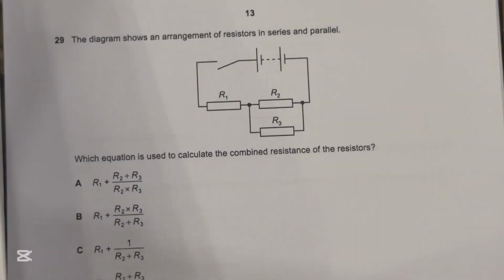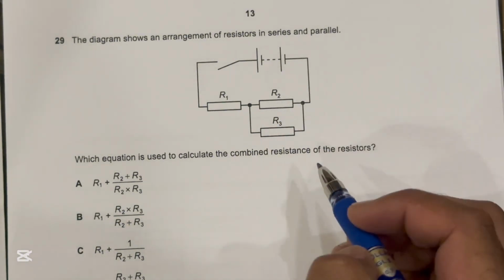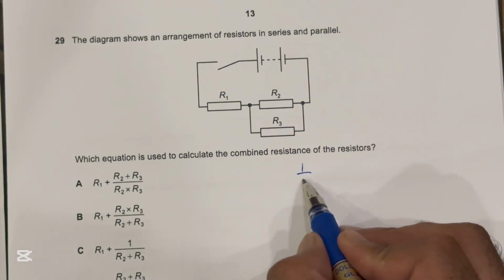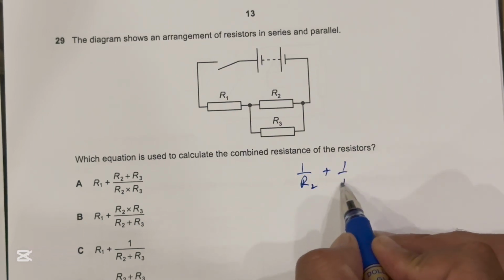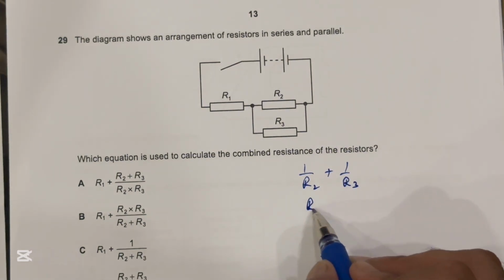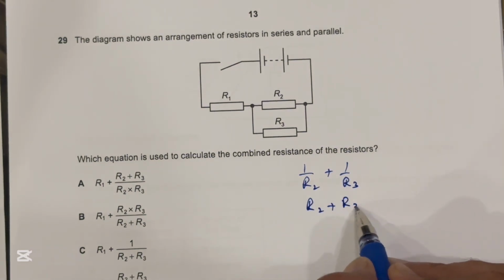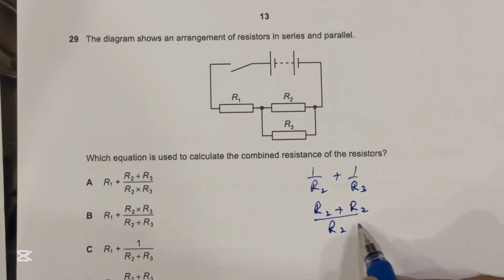Okay. Moving to question number 29. The diagram shows an arrangement of resistors in series and parallel. Which equation is used to calculate the combined resistance of the resistors? We know that the combined resistance of the parallel part would be 1 over R2 plus 1 over R3, which is equal to (R2 + R3) over R2 R3.